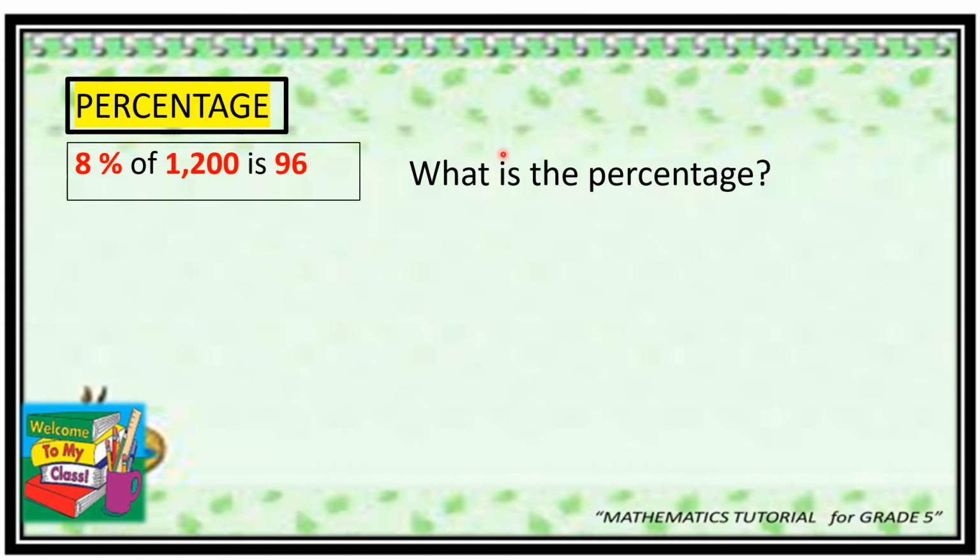Yung bang 8%, 1,200, or yung 96? Okay, 96 is the percentage. Dahil lang sabi, ang percentage ay makikita natin or it is written pwedeng before or after the word is.